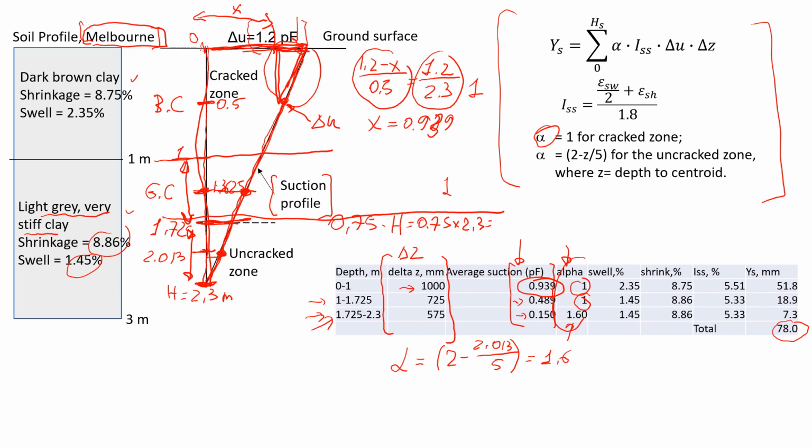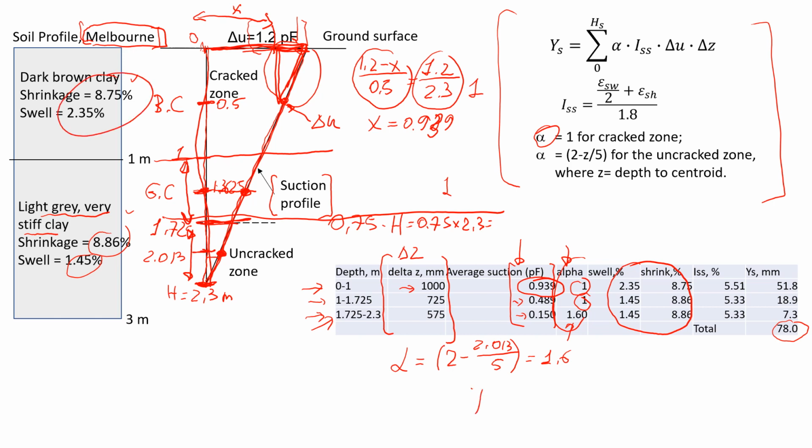Okay, now we're gonna get the swell and shrink values. So let's just do it for the first depth from 0 to 1 meter. In this case, we're going to use these shrinkage and swell values.